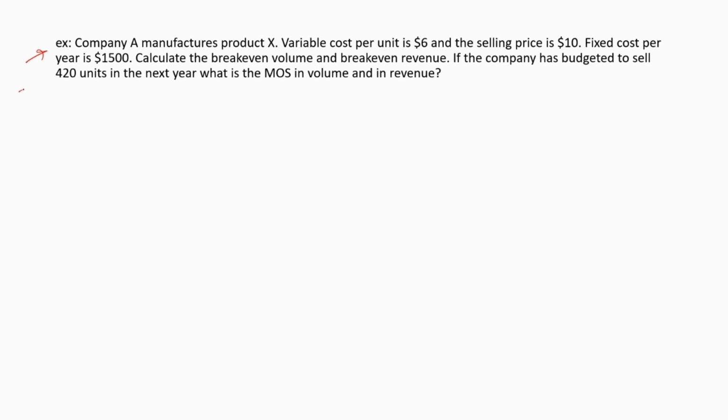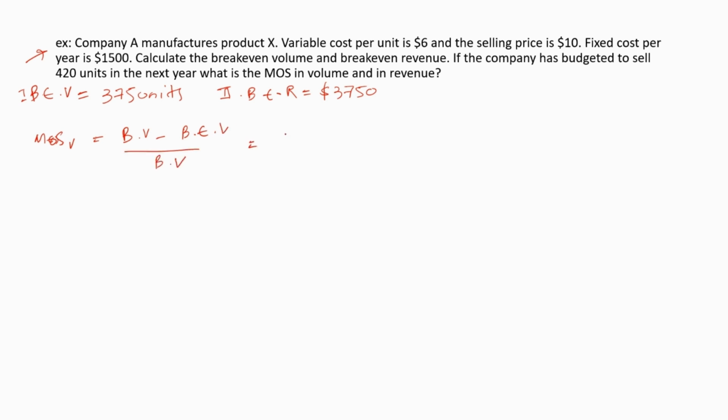So we calculated the break-even volume, which is 375 units. Then we calculated the break-even revenue, which is $3,750. Now we have to calculate the margin of safety in the form of volume. Budgeted volume minus break-even volume, divided by budgeted volume.